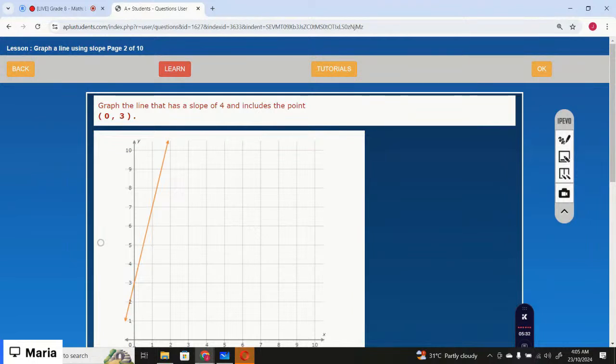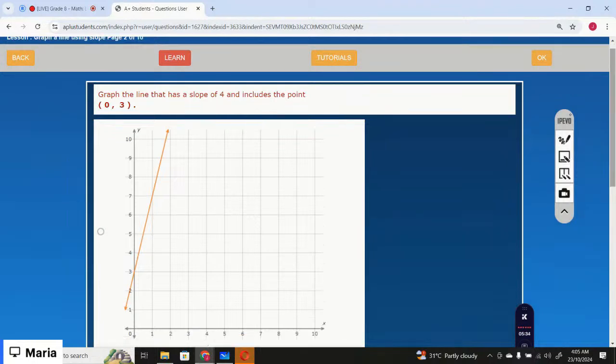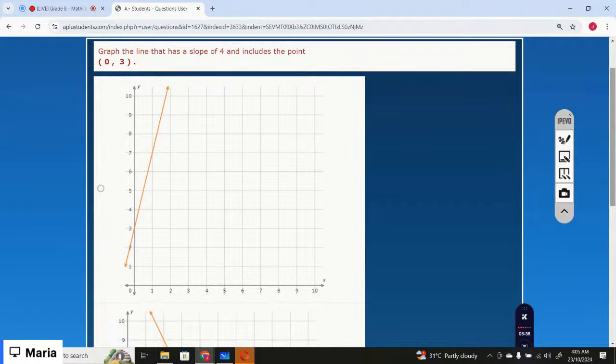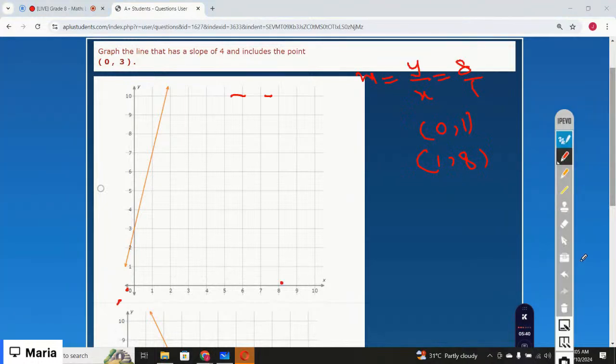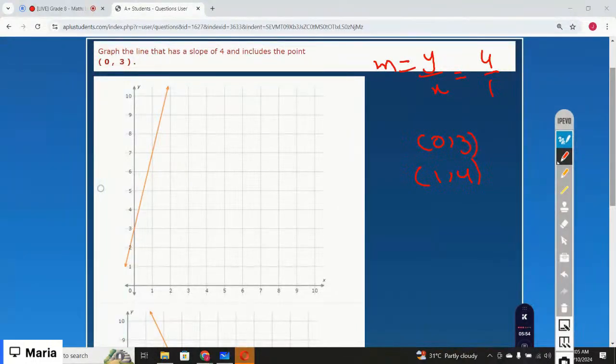Okay, the next one is graph the line that has a slope of 4 and includes the point 0 and 3. So you are given the slope that is 4, m equals change in y divided by change in x, that is 4 over 1, right? So x is 1, y is 4, and you have the other point x is 0, y is 3, right? So let's just look at the graph.